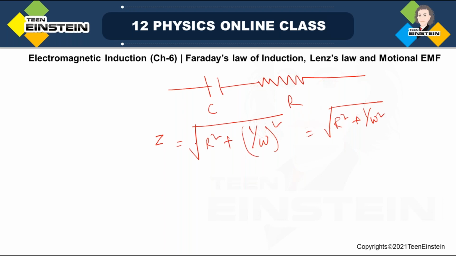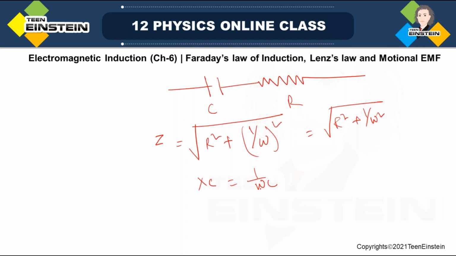Now, omega is actually time varying, it says. So when omega increases, then Xc will decrease because C is a constant quantity. For variable frequency, that will be the same for both.